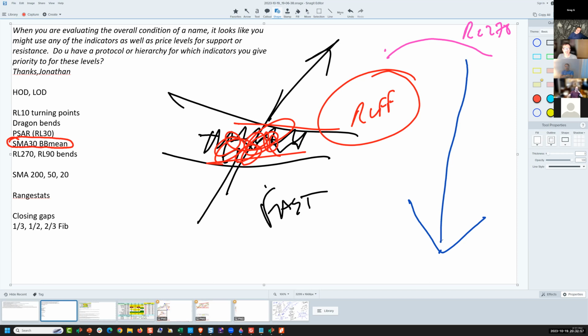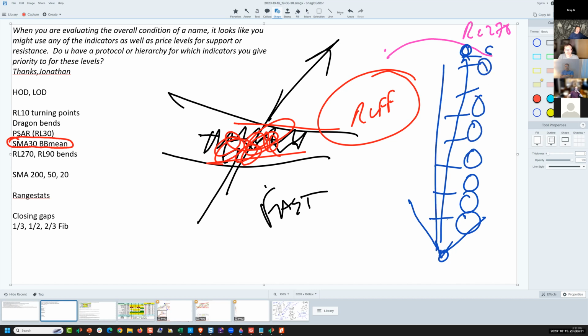That distance identifies resistance and that represents support. So if you can turn that into ATR boxes or MMRBs, you can now calibrate that distance, and then these two extremes become turning points. And the same thing to a lesser extent with the RL90. So where those two indexes turn matters.